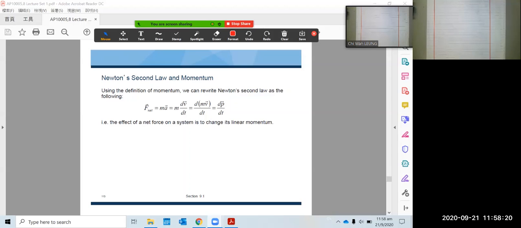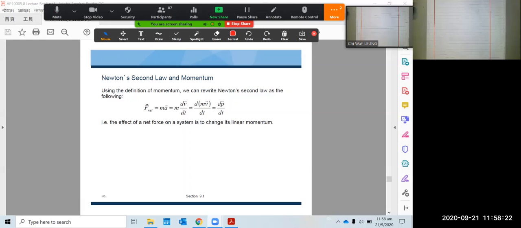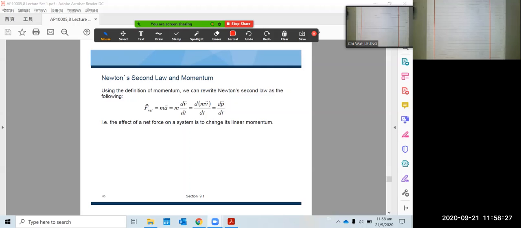So when you combine m and v, it becomes the linear momentum. So Newton's second law, in a more general term, is actually the rate of change of linear momentum. You will see that it is not ma, but it is the rate of change of linear momentum. Now, this one actually has implication.